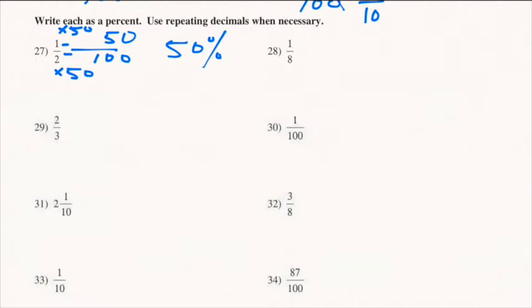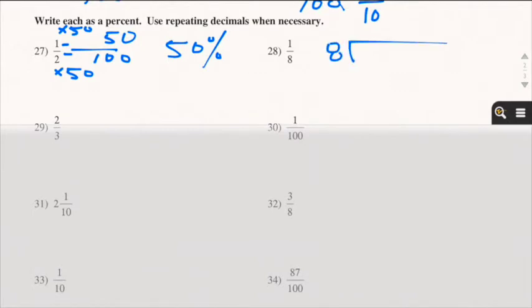So this method wouldn't be efficient in number 28. So what we can do is a different method in 28 where we are essentially doing division. So we have the 8 on the outside and then a 1 on the inside. Bring the decimal up, add a 0. 0 goes in, 8 goes into 1 0 times, 8 goes into 10 once. 1 times 8 is 8.